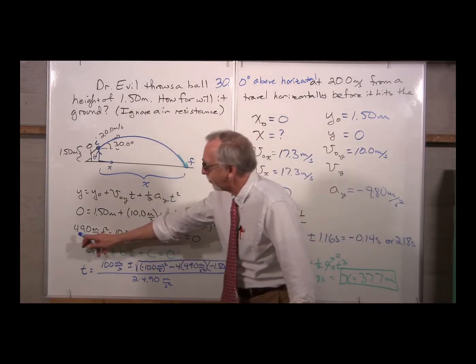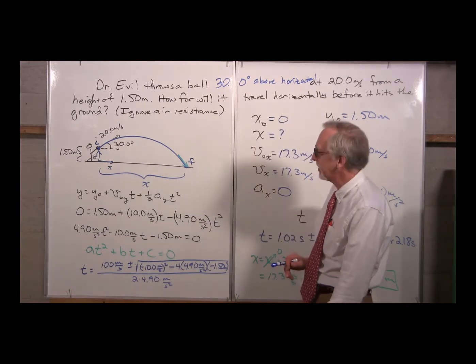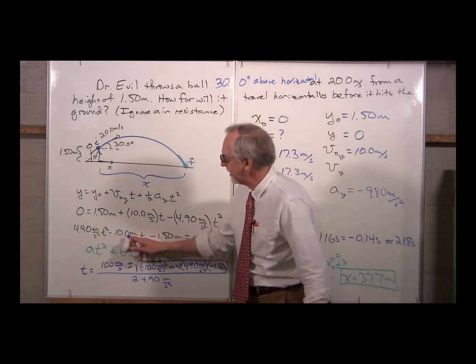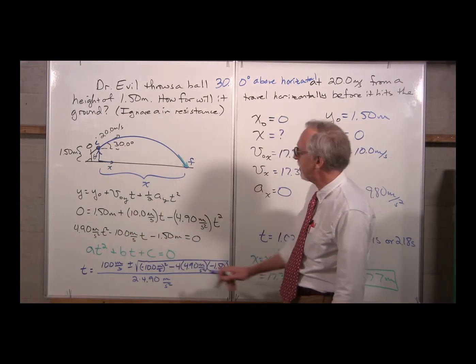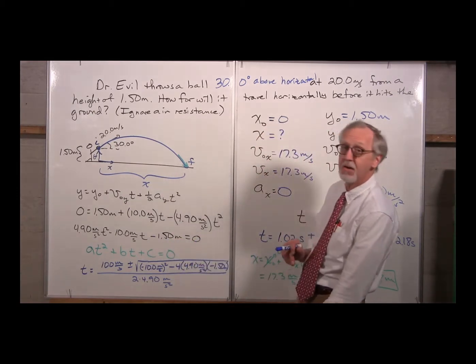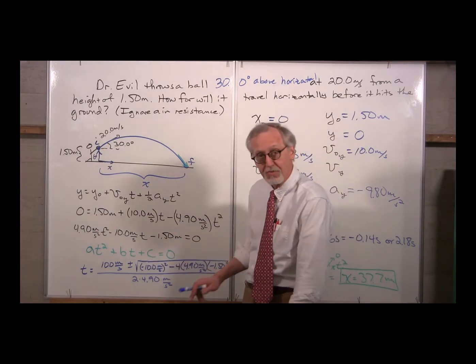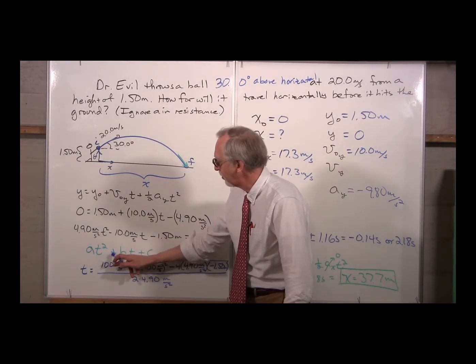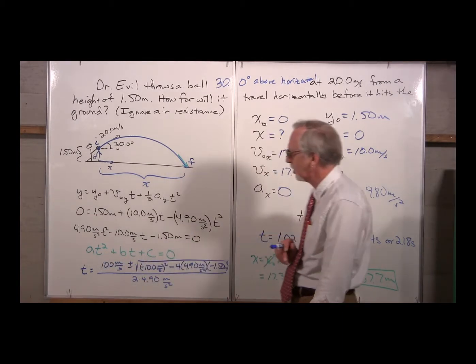So what we have is 4.90 meters per second squared t squared minus 10 meters per second t minus 1.50 meters equals 0. And there I've got it into standard quadratic form, a t squared plus b t plus c equals 0.